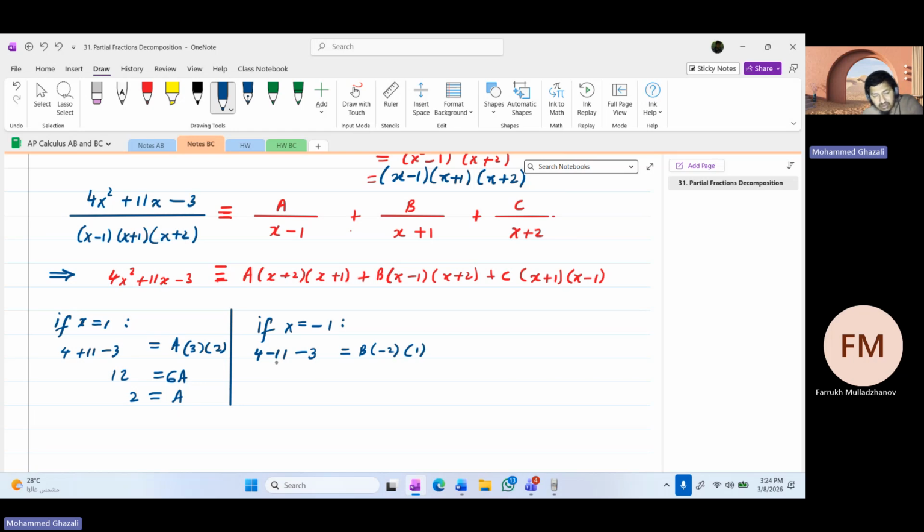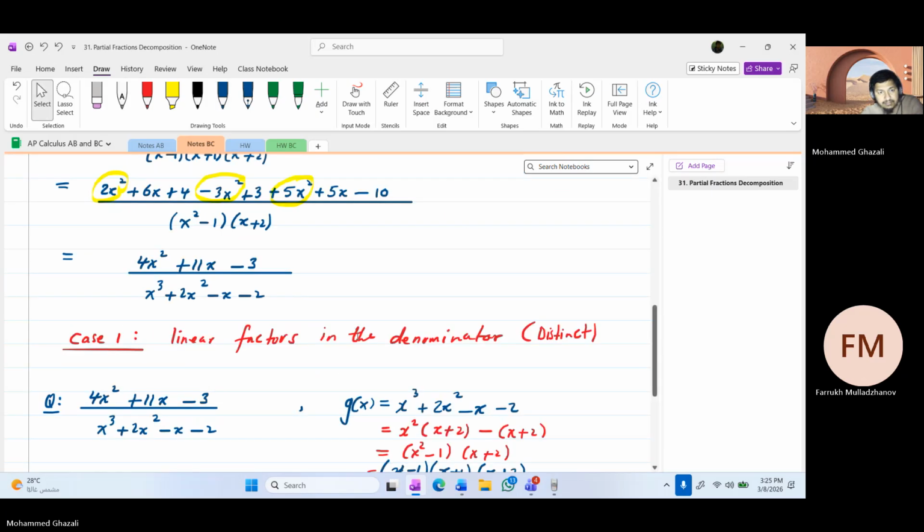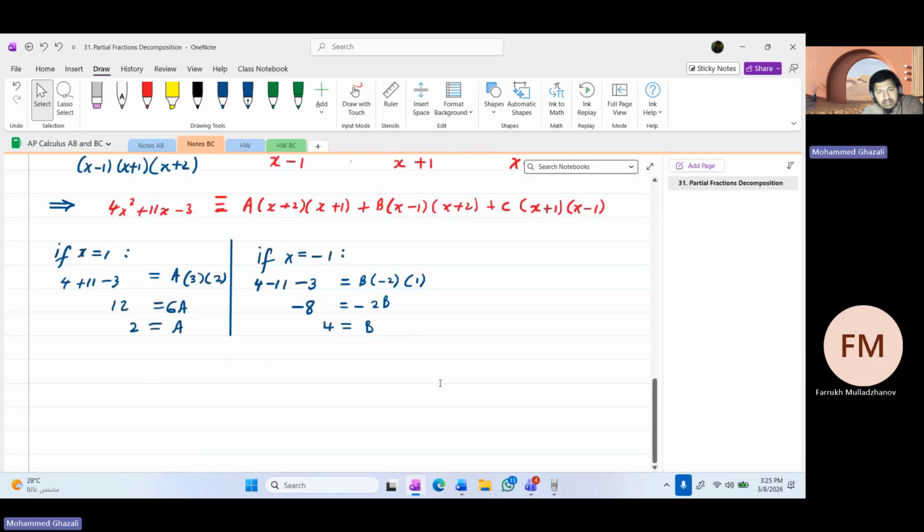So this is minus 12 plus 4 is minus 8, which is equal to negative 2B. So B is equal to 4.